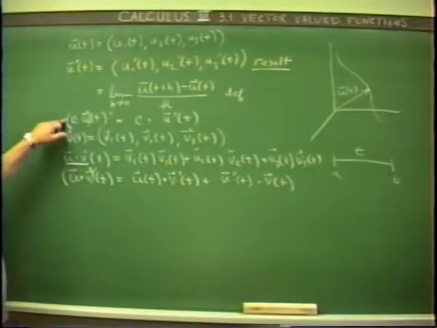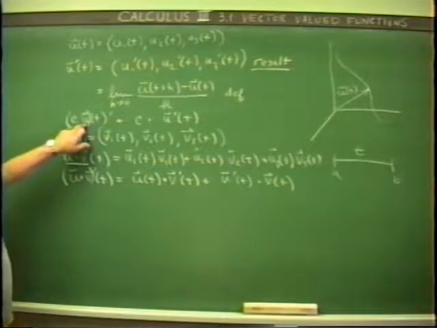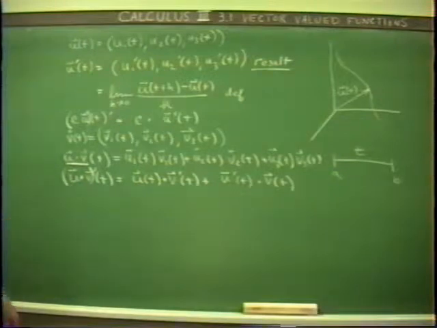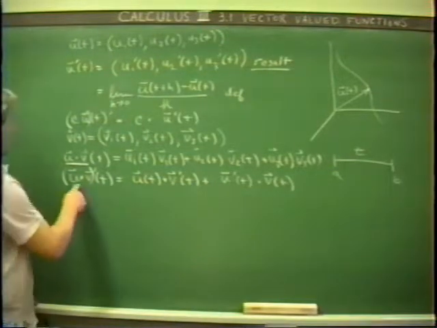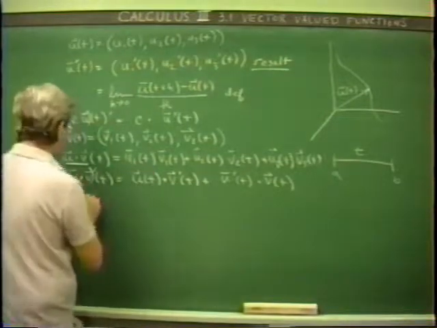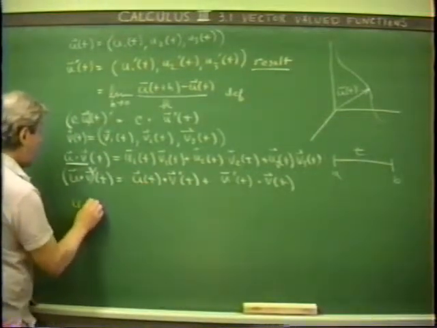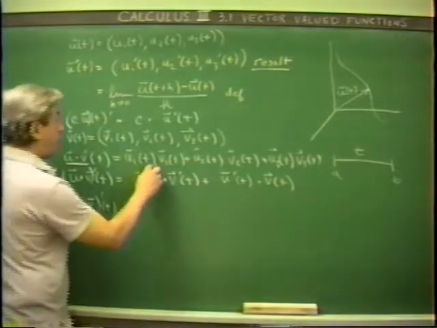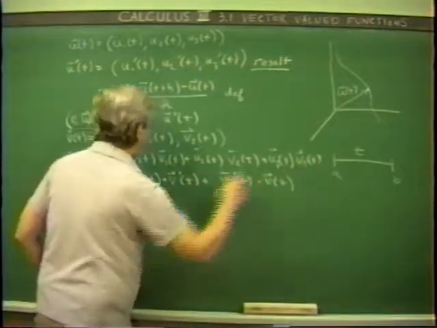The fact that a constant times a vector valued function has for its derivative the constant times the derivative is easy to check. Let's check that this is the case. So if we take u dotted with v, the derivative of u dotted with v at t, this is a product, another product, another product.